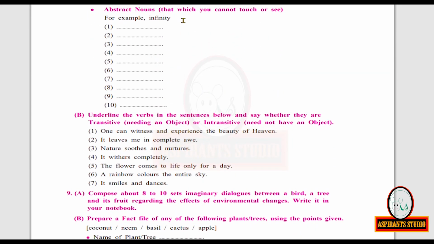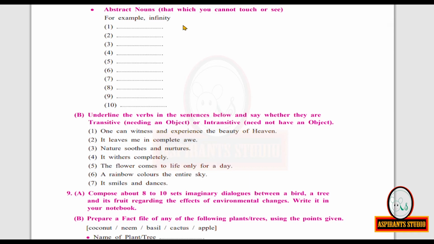Now abstract nouns. They are nouns that we cannot touch or see. For example, infinity. Write infinity as the first one.